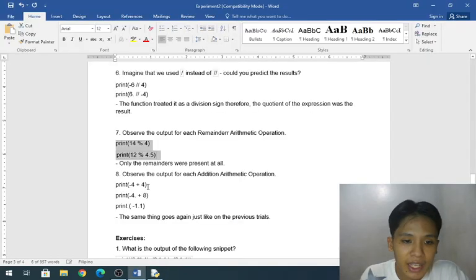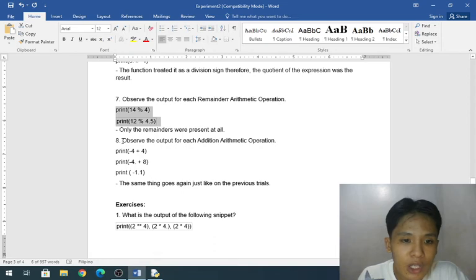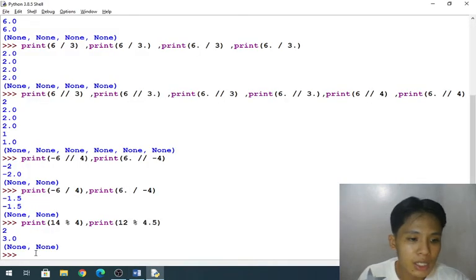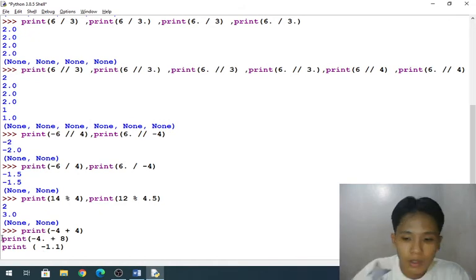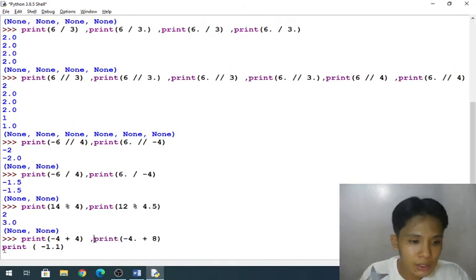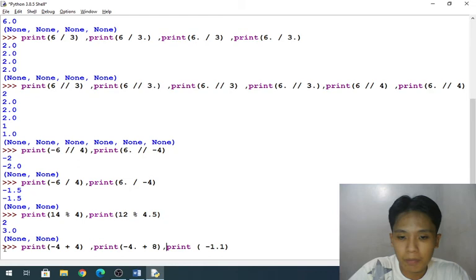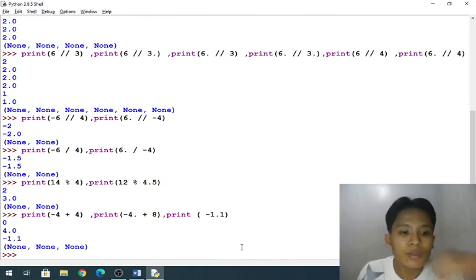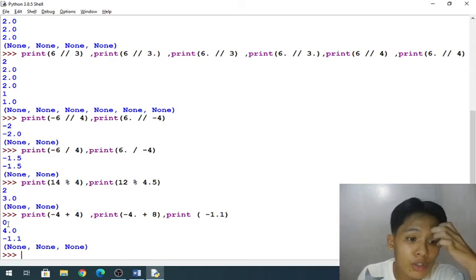And on number 8, observe the output for each addition arithmetic operation. So let's see. Backspace, and going to enter. Negative 4 plus 4 is 0, probably correct.